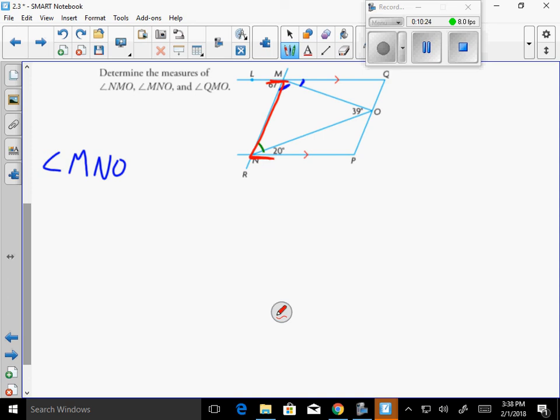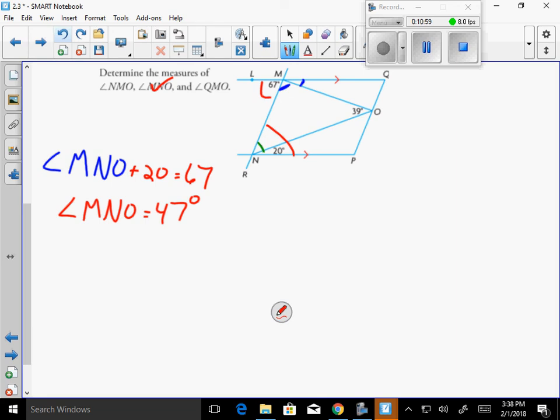So I know that all of this plus this will equal 67 degrees here. Okay, clean that up a little bit. They form my Z. So this one and then all of this are going to be equal. So I know MNO plus 20 degrees equals 67. So I can tell you right now angle MNO equals 47 degrees. So there's my first one. Cool, I got one.